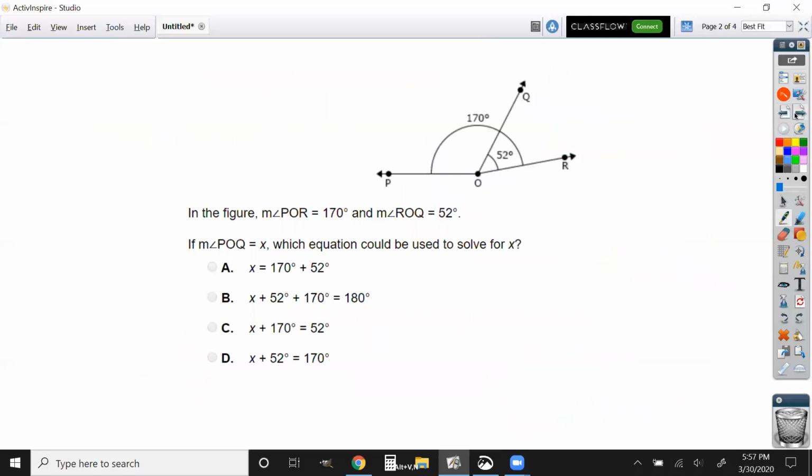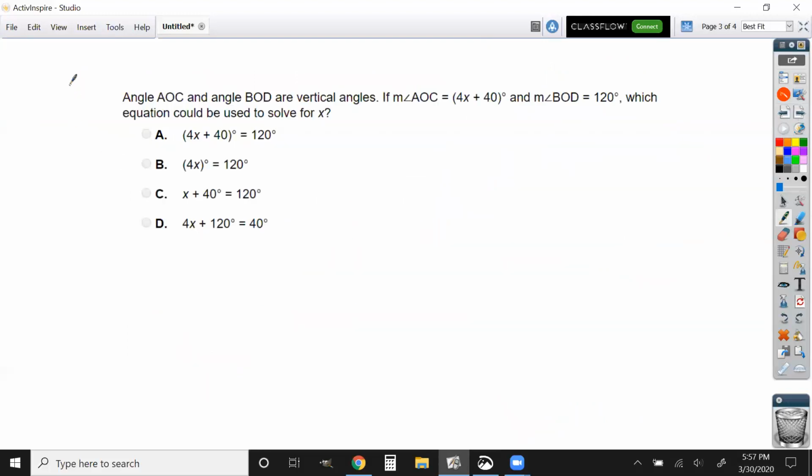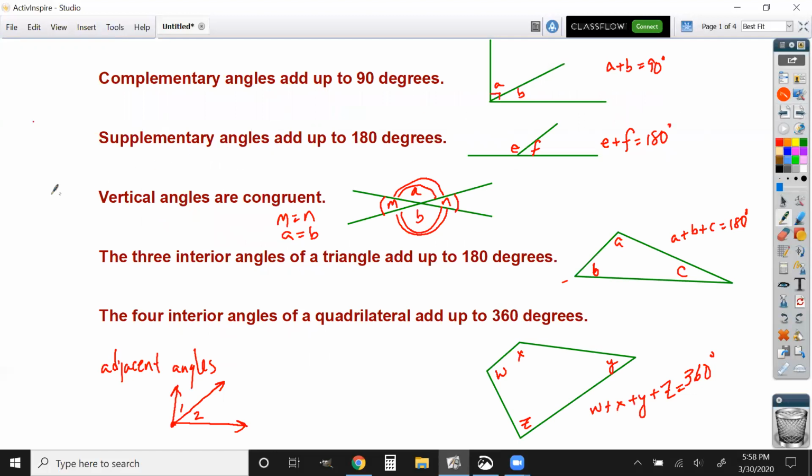Okay, moving on. Problem number 2. So angle AOC and angle BOD are vertical angles. As soon as you know that they tell you something are vertical angles, that's when you come back here and you say, okay, vertical angles are congruent. That means they're equal in size and shape. So M would equal N in this case.